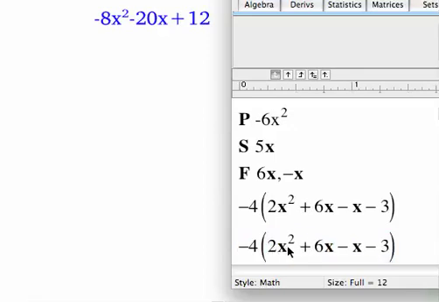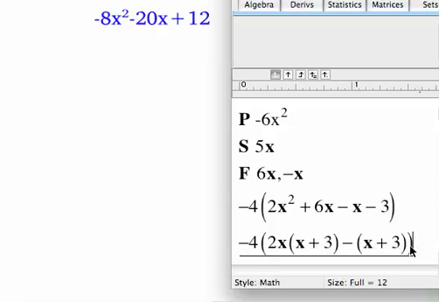What's common with 2x squared plus 6x is the 2x. Once I factor out the 2x, we're left with just x, and divide that by 2x, we're left with 3. So x plus 3. Over here, what's common is just a minus 1, and if I factor out the minus 1, we're left with x plus 3.